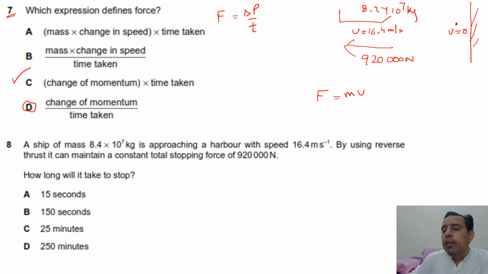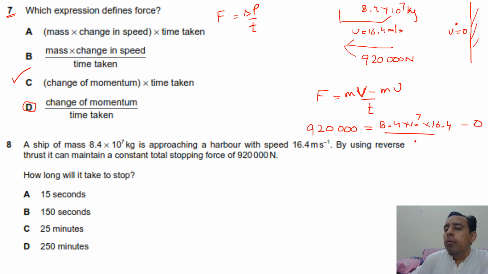So F is mv minus mu over t, this is v. It is mass 8.4 into 10 raised to 7 multiplied with 16.4 minus 0 divided by time.